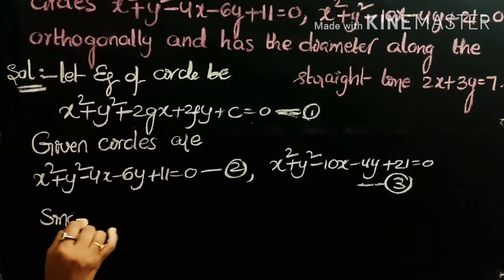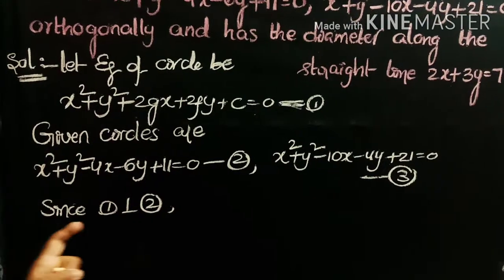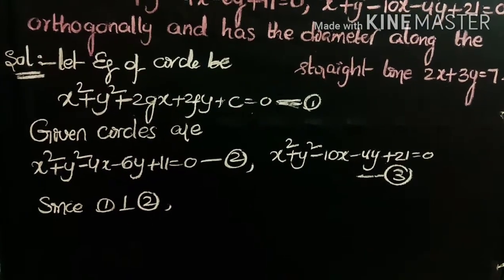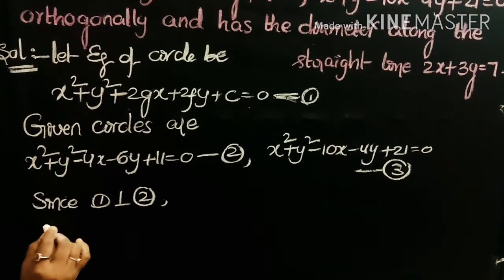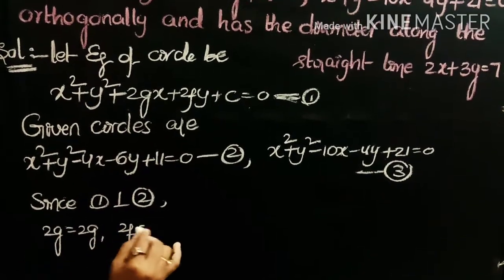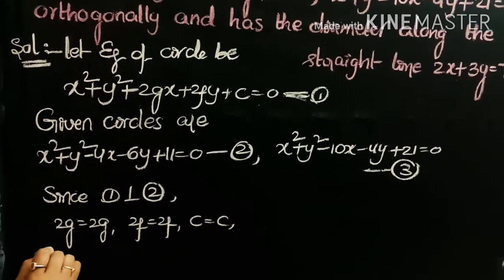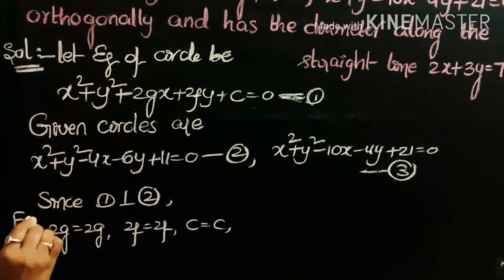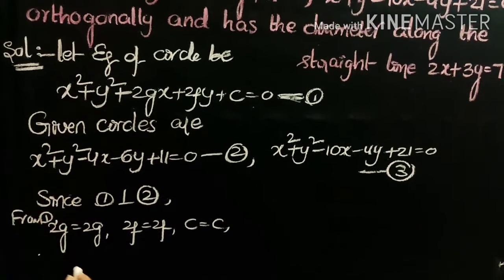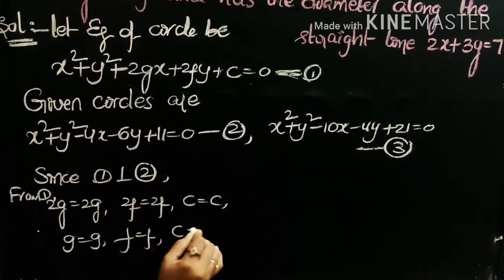Since the first circle is orthogonal to the second circle, we are taking the values first. From the first equation we have 2g is equal to 2g, 2f is equal to 2f and c is equal to c. These are the values which are taken from equation 1, which implies g is equal to g, f is equal to f and c is equal to c.